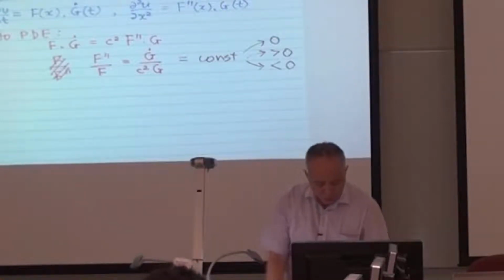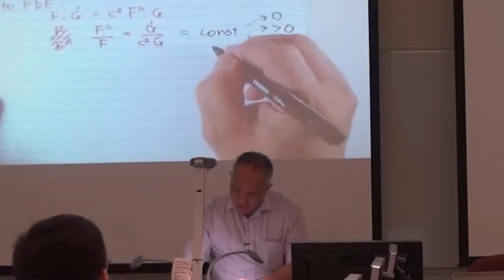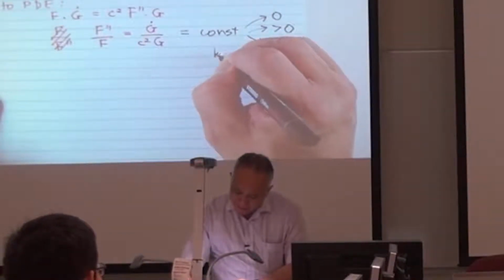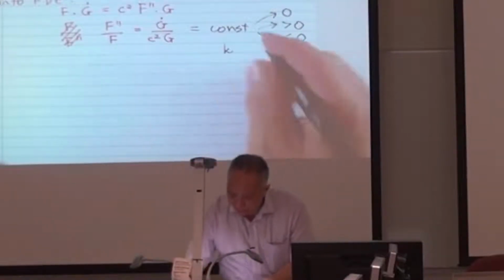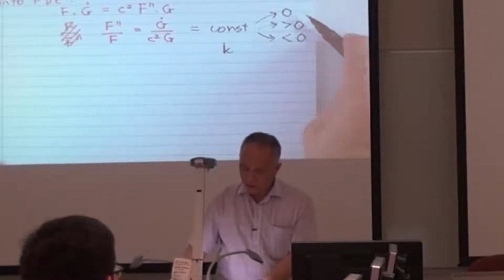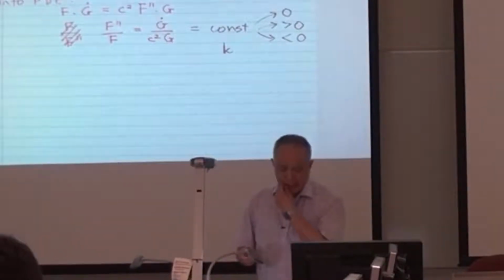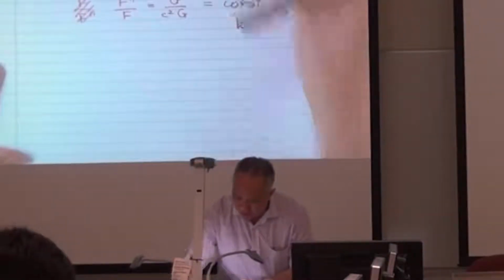So let me call this constant K. Like I said, K can be 0, bigger than 0, or less than 0. So there are three cases, and let's go through all three cases.